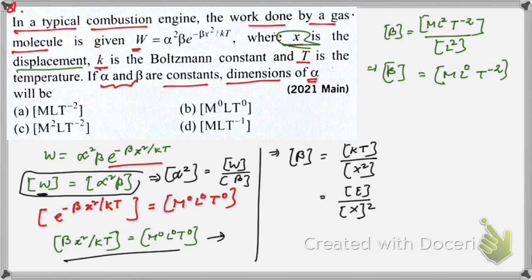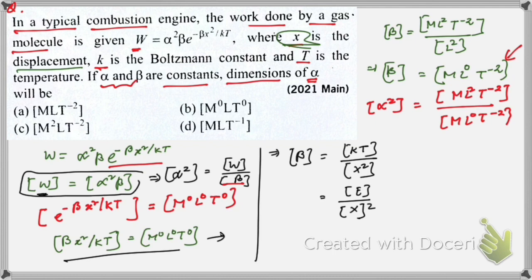So the dimensional formula of alpha square must be the dimensional formula of work done, which is equivalent to energy, that is M L square T to the power minus 2, divided by the dimensional formula of beta. The dimensional formula of beta we have got: M L to the power 0, T to the power minus 2.